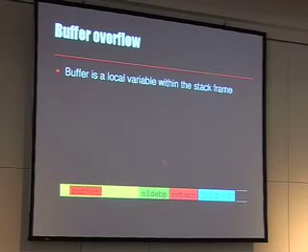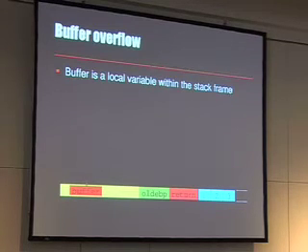So if we sum it up, we have got space for the local variables on the stack frame. We have a buffer of 100 bytes within the stack frame. Let's think there's an operation going on that's filling that buffer and copying a string into that buffer. This operation is not going to stop until the string stops.